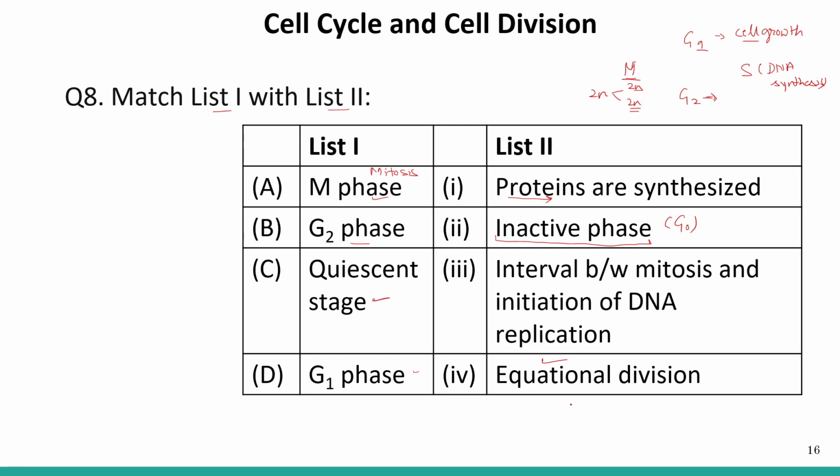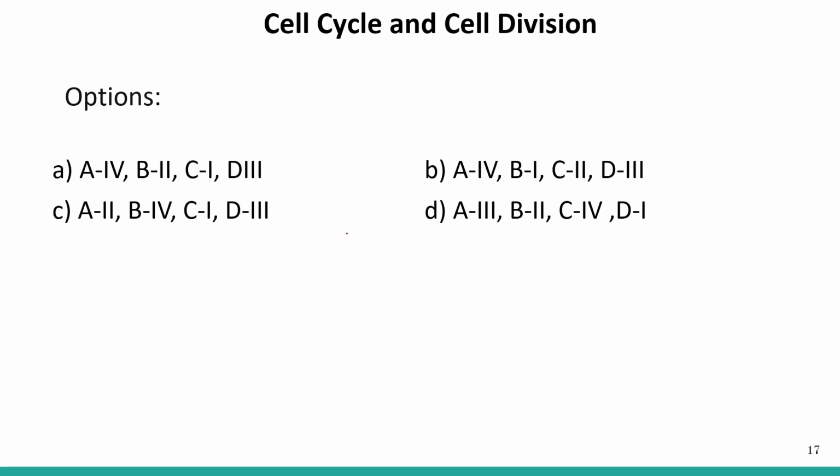So here A is 4th, then B, G2 should be 1, then C, quiescent stage, 2nd, inactive phase, and then D is G1, interval between mitosis and the initiation of DNA replication. G1 is the interval between mitosis and initiation of DNA replication. So G1, which is D, is 3rd. So these are the options.